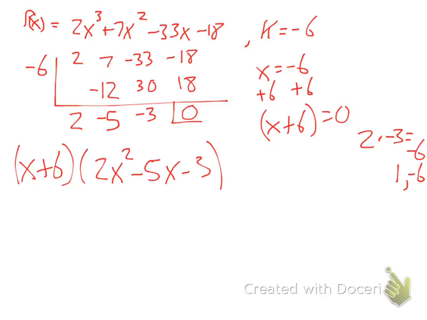Okay, so this would be a 2x squared minus 6x plus x minus 3. And we're going to factor by grouping now. Why would you do that? Because the a value was not 1. We had something else here, so we had to break it up to factor by grouping.